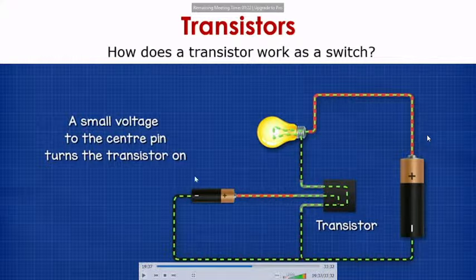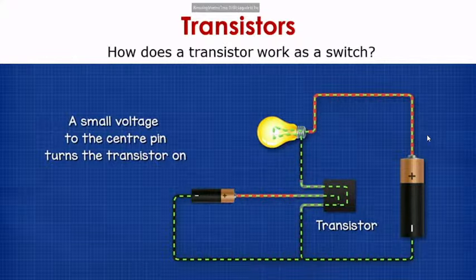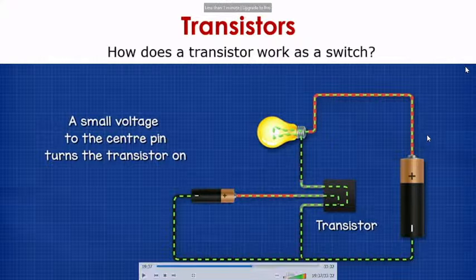So we need to provide some external voltage to the base pin. If we switch this on, only then will this line switch on. So this becomes automatic switching on and off. If you don't understand this, we have made it a little simpler by using a comparison with water flow. We will see that.